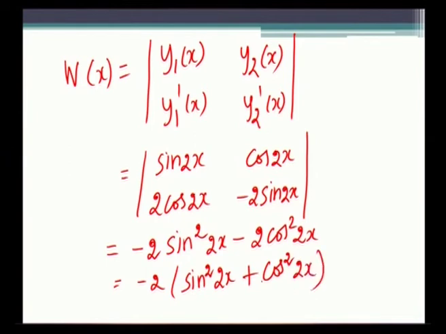This is in the form of sin square theta plus cos square theta. According to trigonometry, sin square theta plus cos square theta is equal to 1. So, we get minus 2. This minus 2 is not equal to 0. So, the Wronskian of the solutions W of x is not equal to 0.